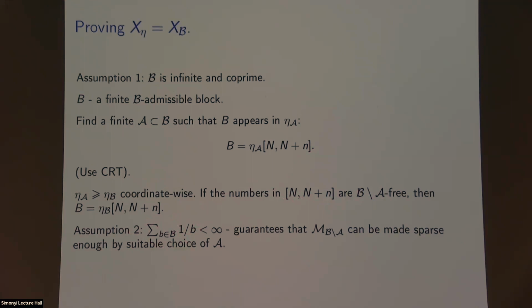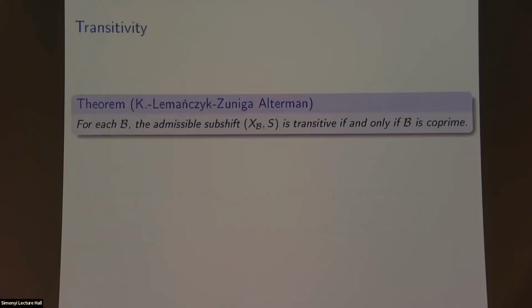It turns out that it guarantees that the set of multiples of B minus A is sparse enough that you can realize these constructions. I will come back to this in a moment, but before that, I would like to say some words about another property of B-admissible shifts, namely transitivity.